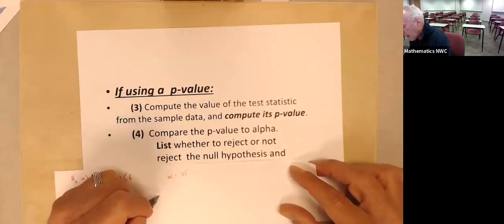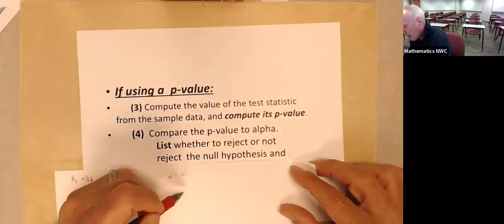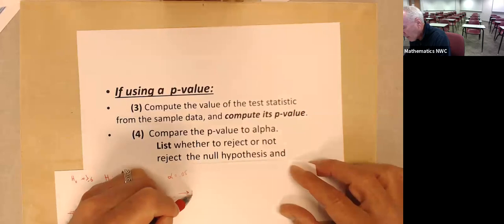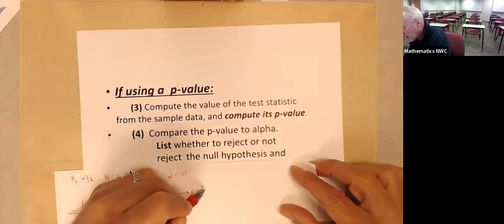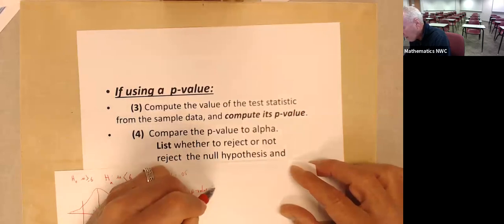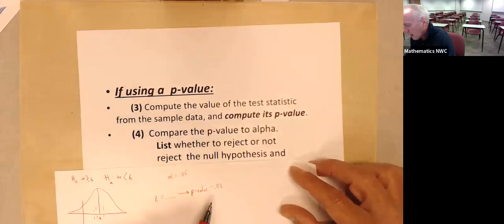If I found a z-score to be some number, and I found its probability, its p-value, let's say the p-value was equal to 0.03. If the p-value is 0.03, which is less than my alpha, then I have sufficient evidence to reject the null.